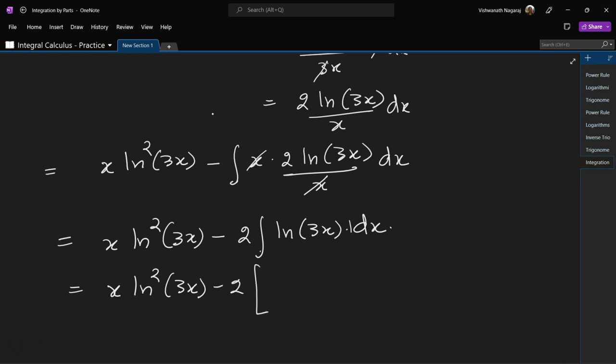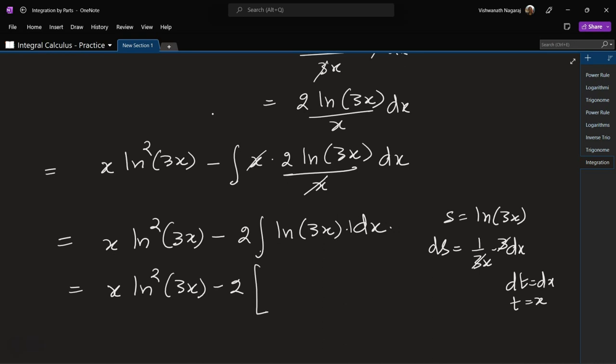Now let's do that. Here we will have s is equal to natural log of 3x, and ds would be 1 by 3x times 3, so that is 1 by x dx, and dt will be equal to dx, that means t will be equal to x.